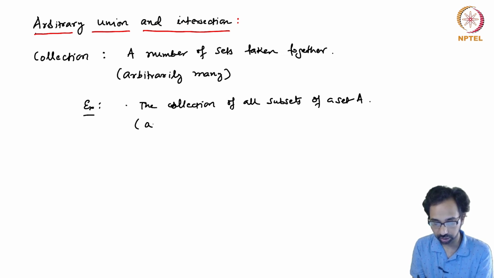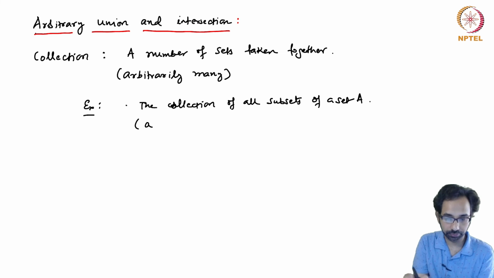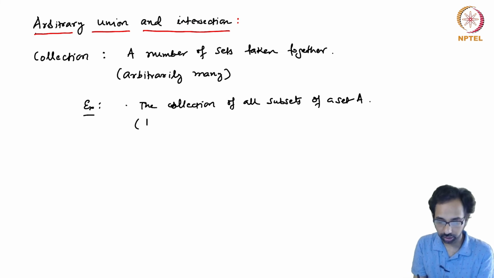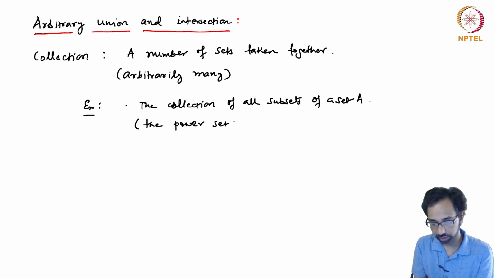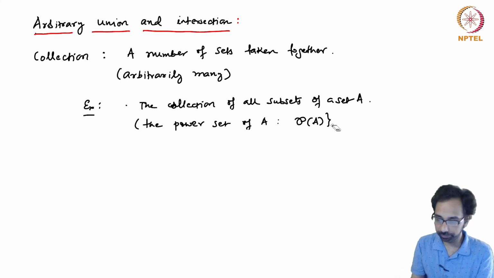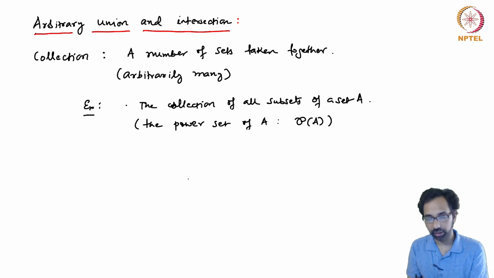This is called the power set of A, and usually denoted by P(A). Okay, so when we say collection, it can also mean a set whose elements themselves are sets.